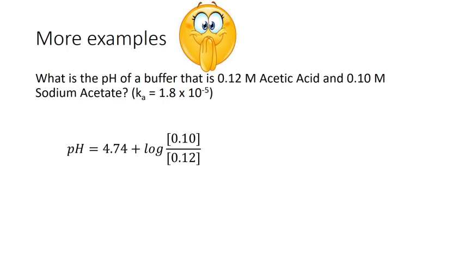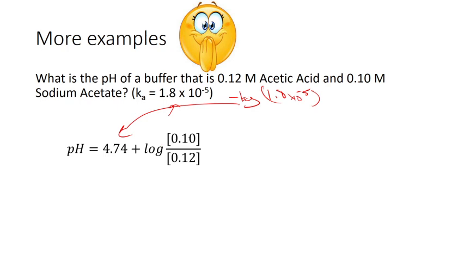We can put in some numbers here, because we can calculate the pKa. Just take the negative log of 1.8 times 10 to the negative 5, and that makes 4.74.